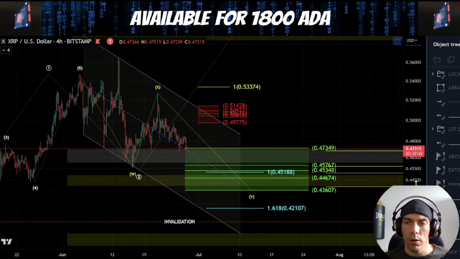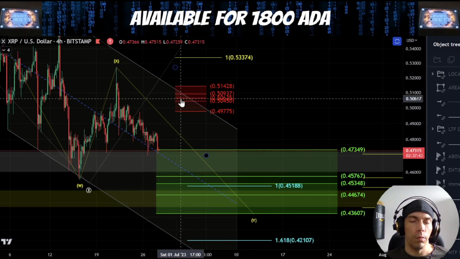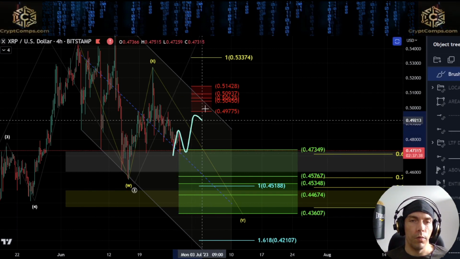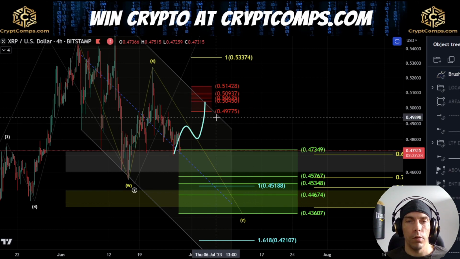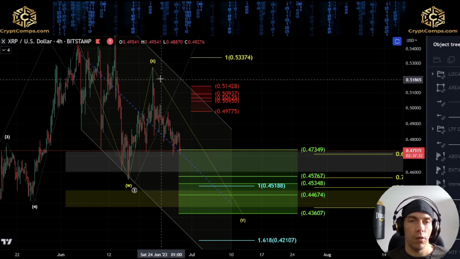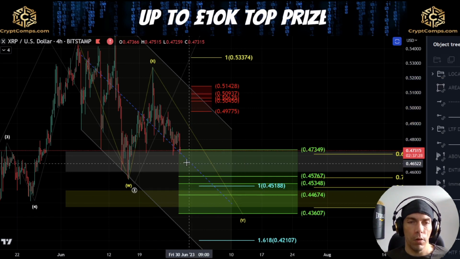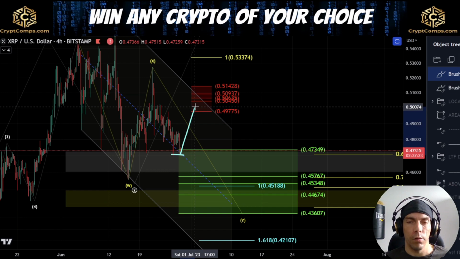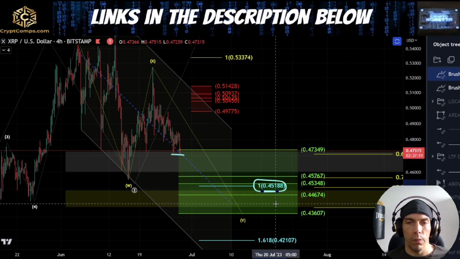Alternatively, if we were going to argue that what we have here is this is an A wave and we're looking for a B wave to the upside, what we could see is price could actually see a move to the upside here, where we see a 3-wave move back into this 51.42 to this 49.77 region. We form this as A, B, and then a C wave down. Given our current value, if we did have to see the direct move to the upside here in 3 waves, what we'd be looking for 1-to-1 would actually be over here towards this 45.18.